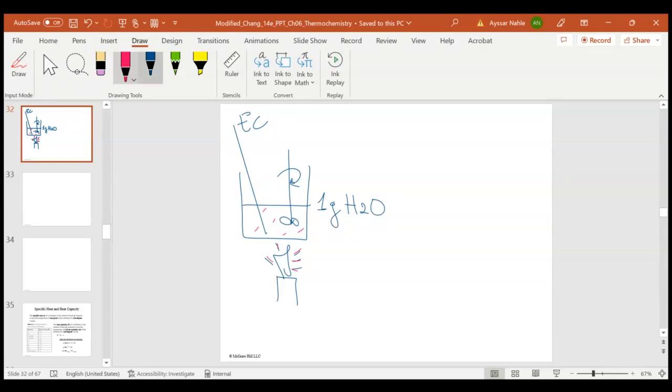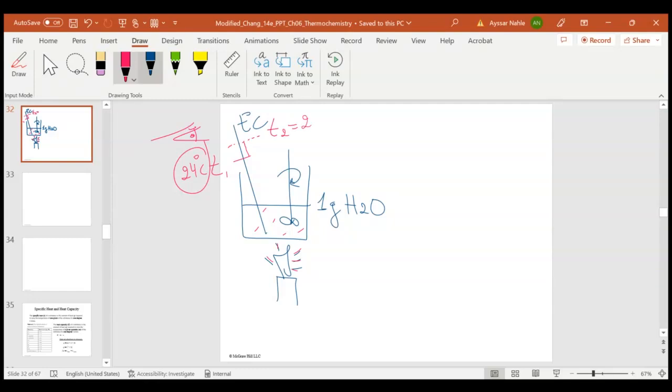Before I add anything, I have a T1, for example, let's say 24 degrees Celsius. All I do is look at the thermometer and heat it, stirring all the time. Now the temperature is going to rise, up and up and up until I reach T2.